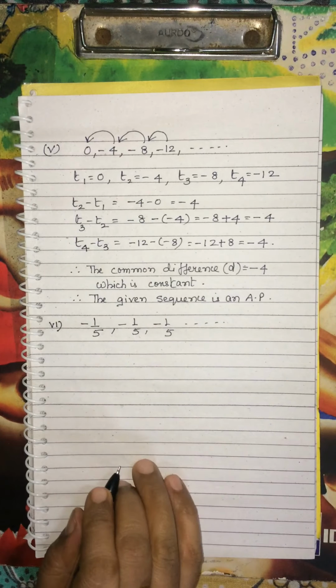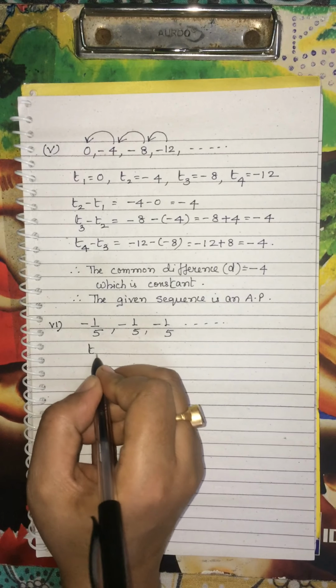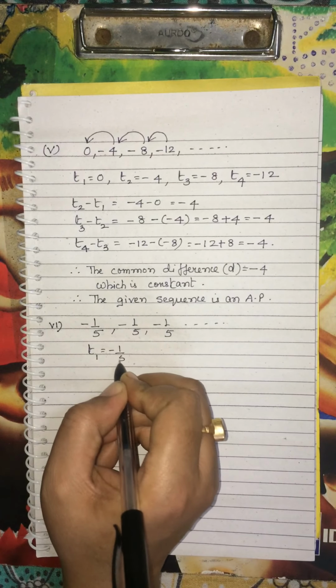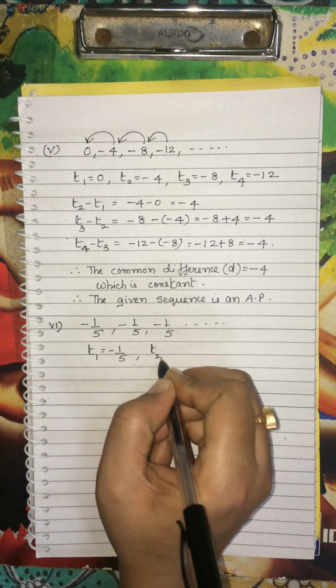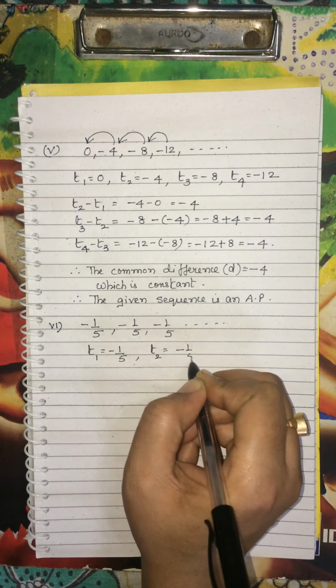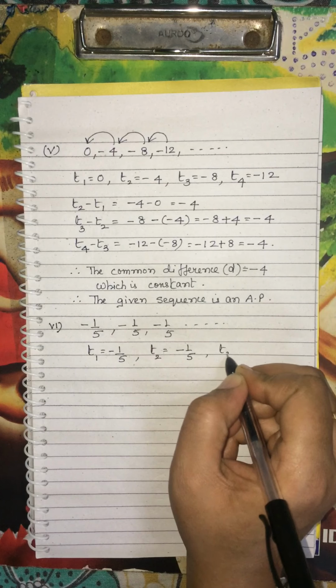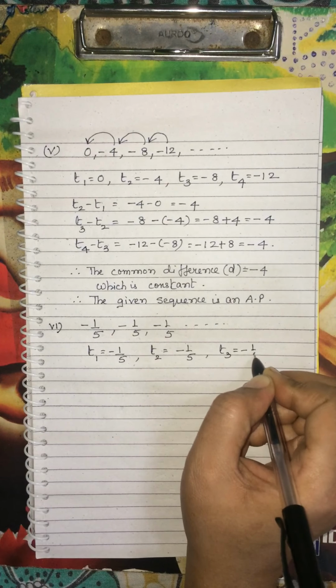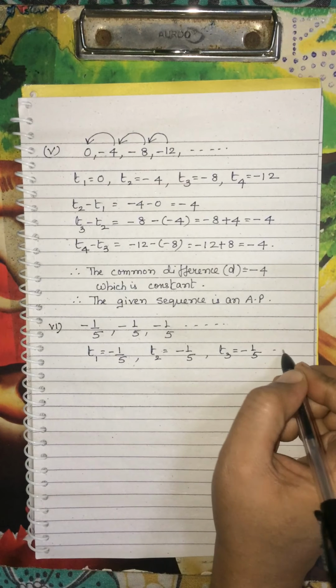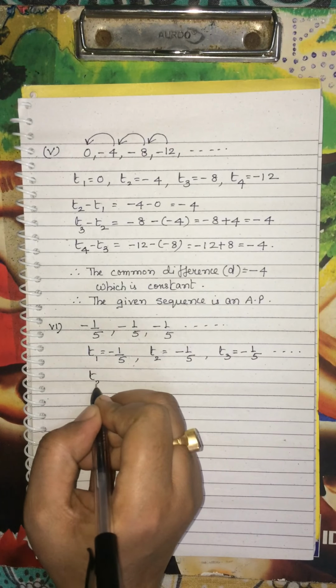So let us see. T1 is minus 1 upon 5, that is the first term, T2 the second term, and T3 the third term. And how is it given?